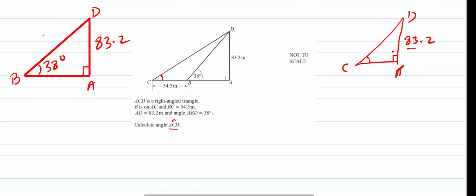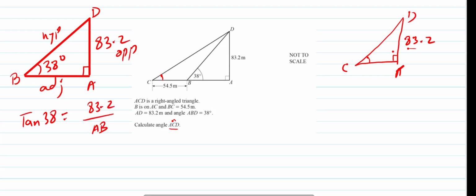This is the right angle, this will be the hypotenuse, this will be adjacent, this will be opposite. I have the opposite and need to find the adjacent, so the best approach is tangent. Tangent of the angle is opposite over adjacent. The opposite is 83.2 and the adjacent is AB. So AB will be equal to 83.2 divided by tangent 38.